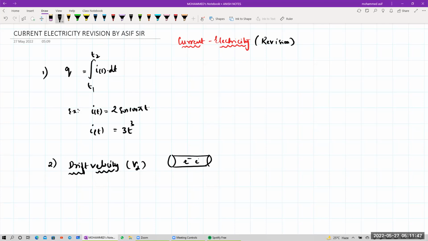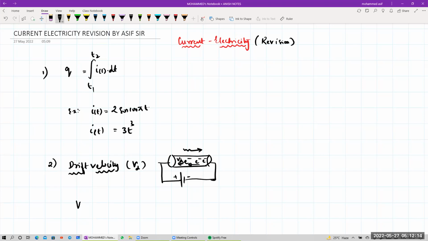There are electrons in this conductor, and you are connecting it to a positive terminal and a negative terminal. Due to the positive and negative, the electrons start drifting in the backward direction. That drifting is called drift velocity, and there is a flow of current like this. Electronic current in the conductor is in the opposite direction. This is the conventional flow of current, and this is your actual flow of current. Both of them are in the opposite direction, isn't it?